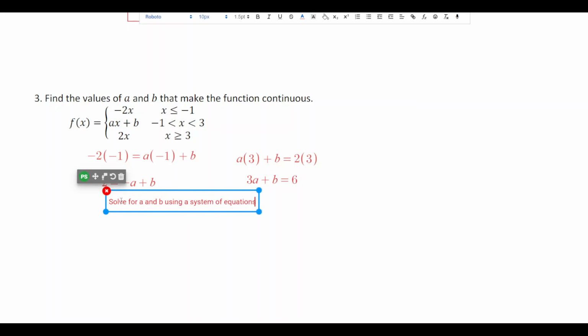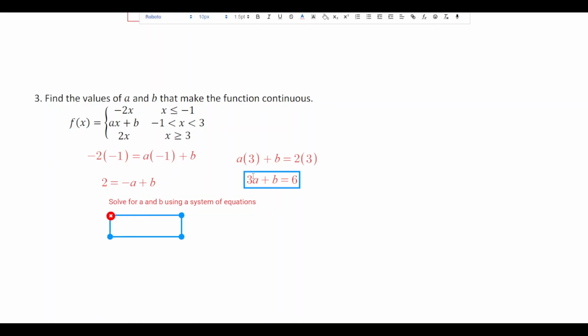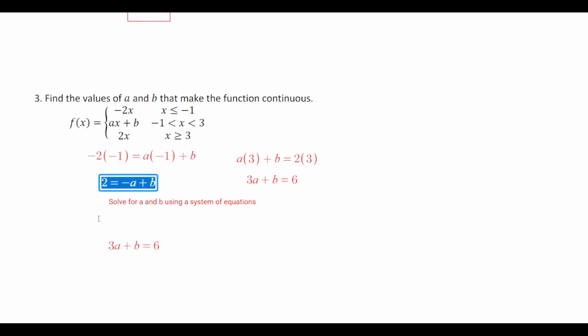So the system here is going to be, I'll just borrow these equations real quick so I don't have to retype them. But we get 3a plus b equals 6 as one of the equations, and then the other equation is going to be this one right here. And I'm just going to rearrange it a little bit so that it looks similar to the other equation. In other words, I'm just going to put the equals 2 on the other side.